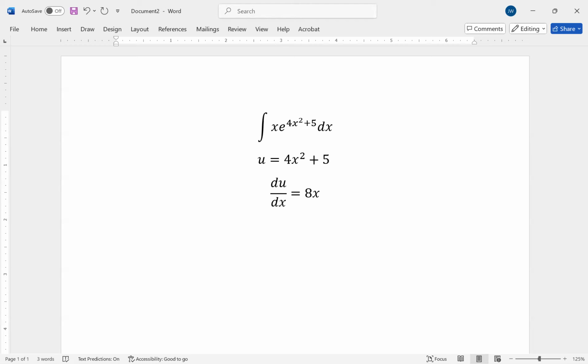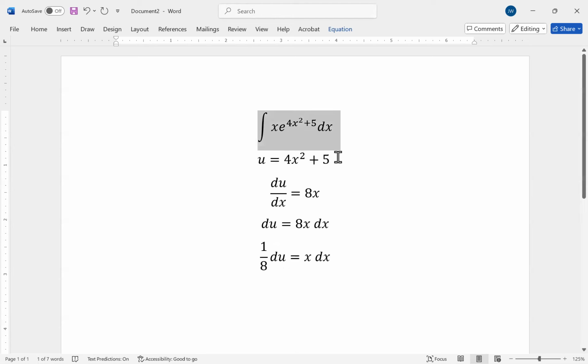And so I can do a differential exchange of du is equal to 8x times dx. Or since I don't see a coefficient of 8, I think I'll divide by 8 on both sides, and I'll do the differential exchange of 1/8 du is equal to x times dx.